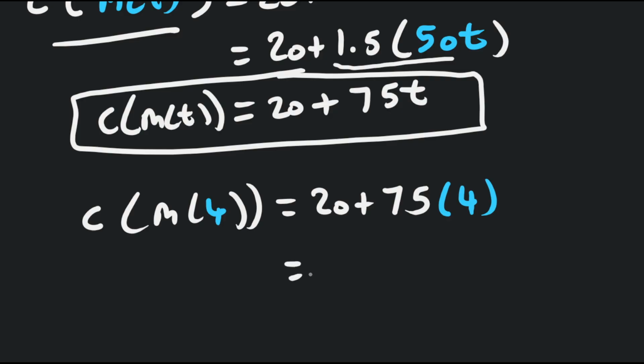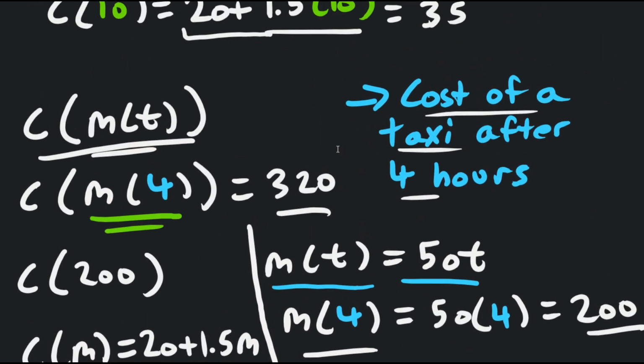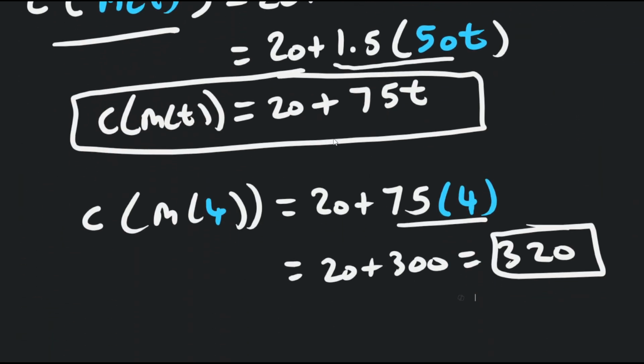To evaluate this, 75 times 4 is 300, and 20 plus 300 is 320. So 320, and that is the same answer we got up here, 320. So that's how we know that this new formula for our composite function works. C of M of t equals 20 plus 75t.